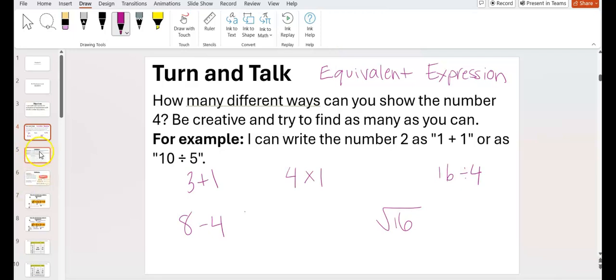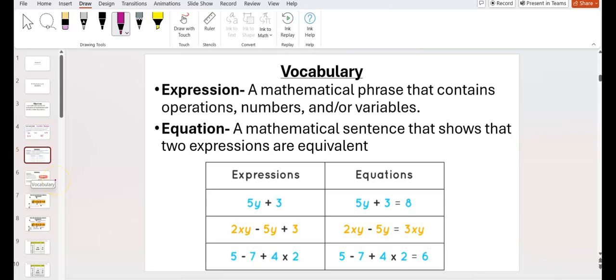Okay? And that leads us into some of our vocabulary here. So we have the difference between an expression and an equation. An expression is a mathematical phrase that contains operations, numbers, and or variables. Variables are our letters, our X, Y, A, B. We haven't learned too much about those letters, but that's what an expression can include. An equation is a mathematical sentence that shows that two expressions are equivalent to each other.